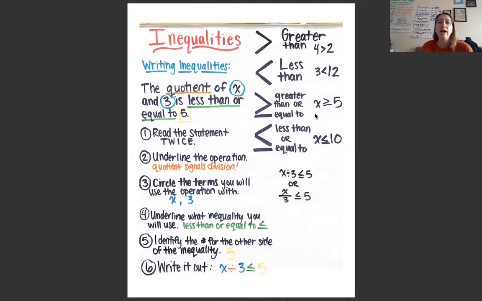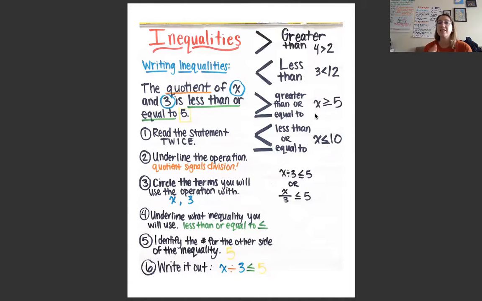Okay. Now, what this means is when you have something like x is greater than or equal to 5, what they're saying is that any number that is greater than 5 or is 5 can fit into x. So it could be 5, 6, 7, 8, 9, 10, 11, 12, up into infinity could fit in that problem, right?